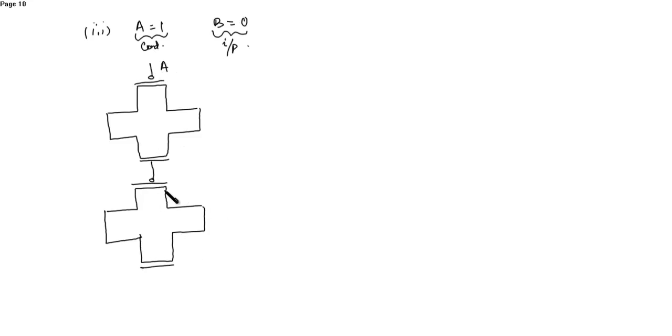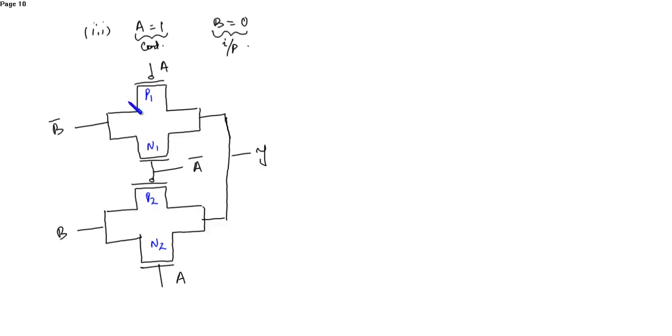This is A, this is A bar, this is A, this is B bar, this is B, this is output Y. So this is P1, N1, P2, N2.